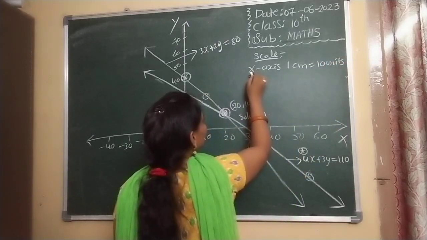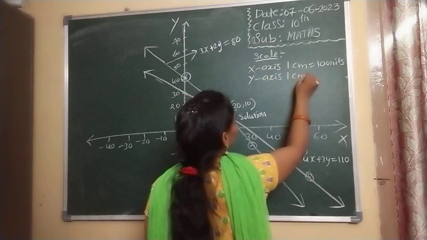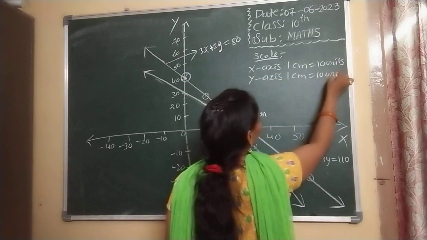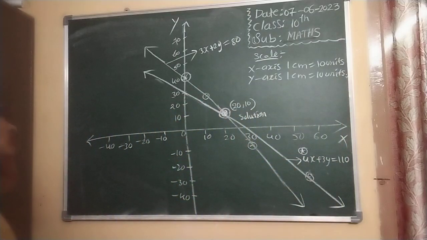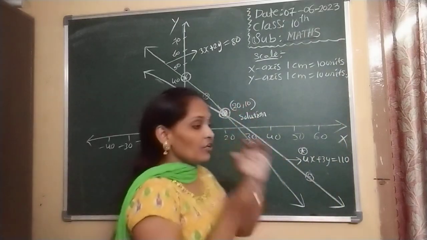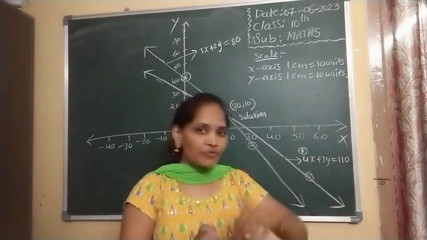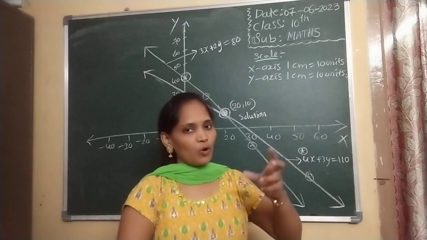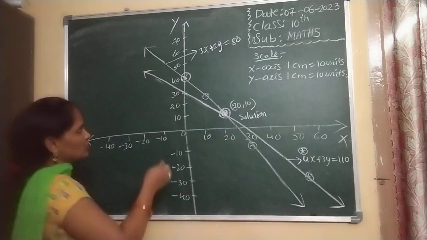On the y-axis also the same, 1 centimeter, 10 units. Right? So now if you want to verify whether it is a solution, if it is a solution, LHS minus RHS will become 0 if you substitute that point in the equation. Yes or no? Do the verification also.